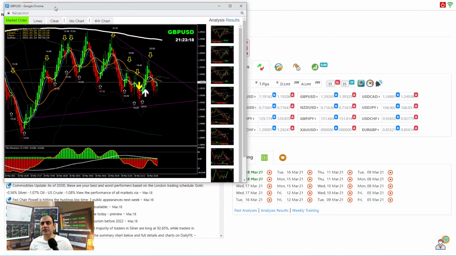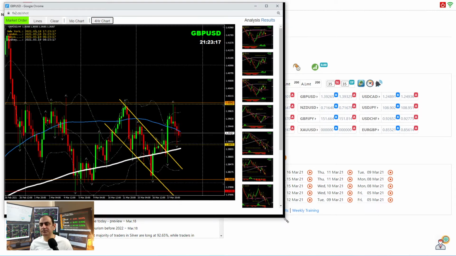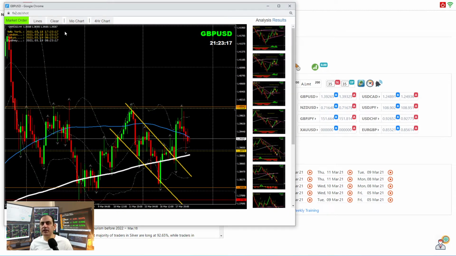Cable, we had interesting trades today because we had high impact news around 12 p.m. Let's move on to the 4-hour. Let's see what's happening here. As you can see, we had one trade open yesterday. As I mentioned, the first target would be 140,000, which price nicely hit.